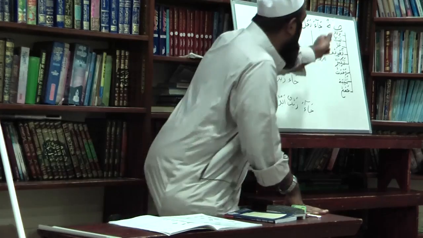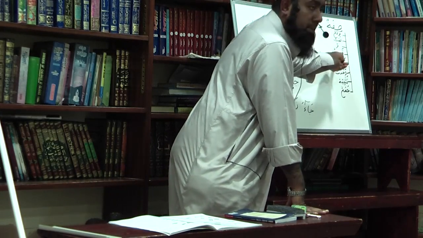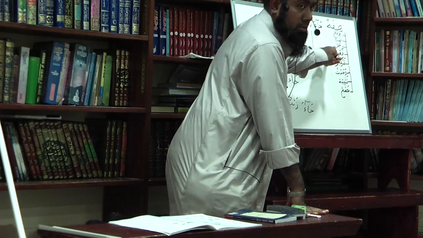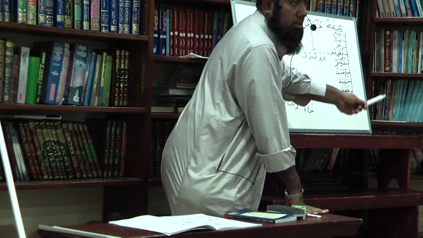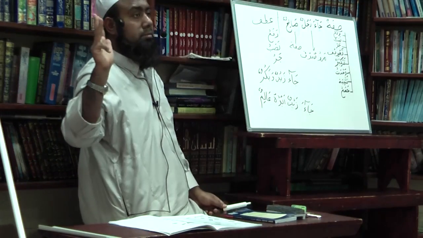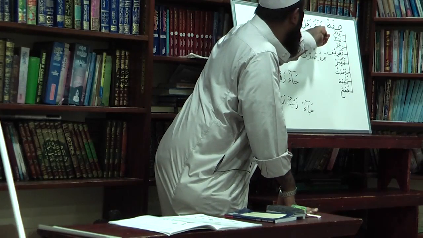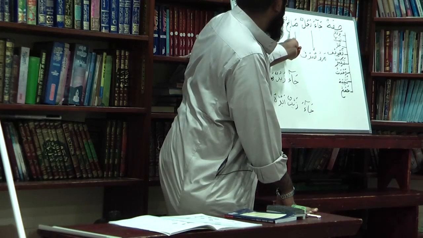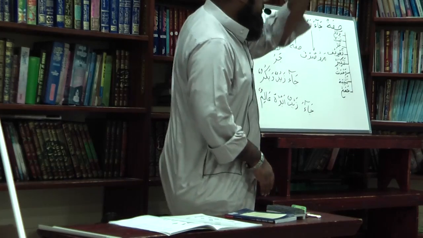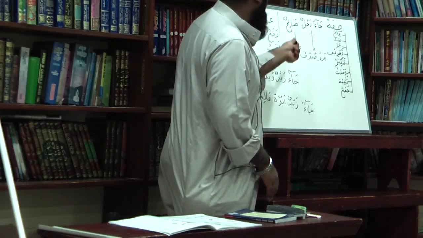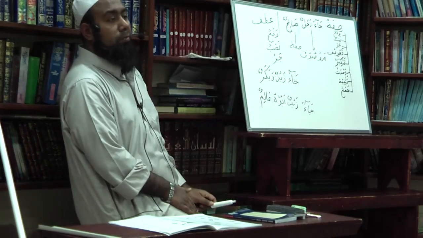That's why they use this word. So just put it plainly: Rafa means dhamma, Nasab means fatha, Jar means kasra. The diacritical mark on top is fatha, the diacritical mark below is kasra, and dhamma is the sleeping line on top of a letter.